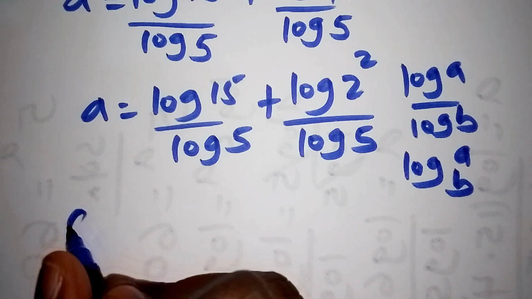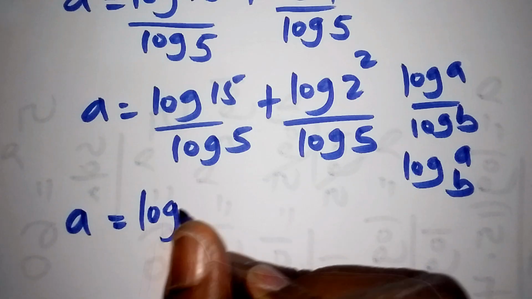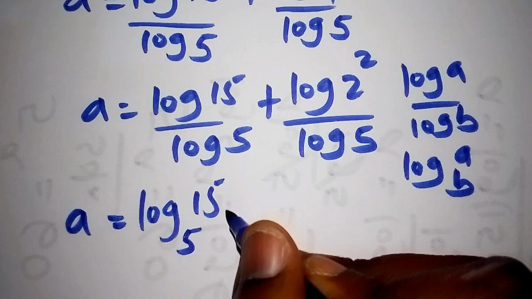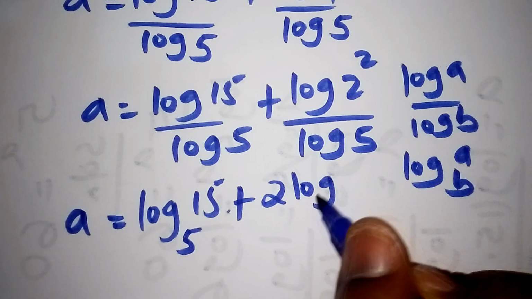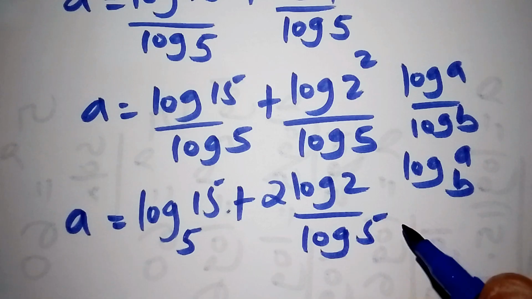So our value for a is equal to the log of 15 to the base of 5, plus 2 times the log of 2 all over the log of 5.